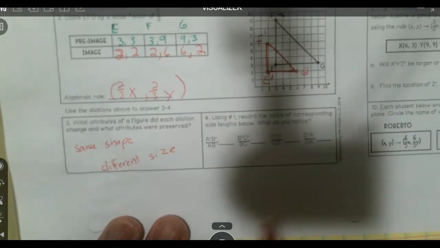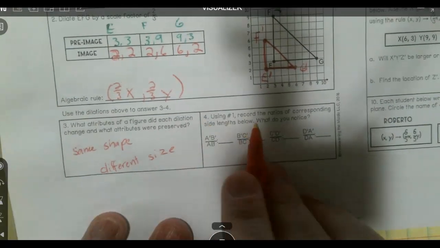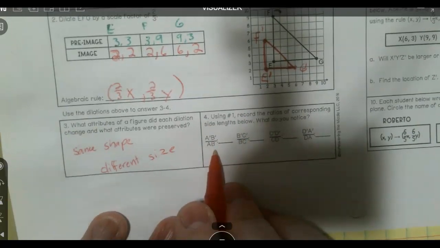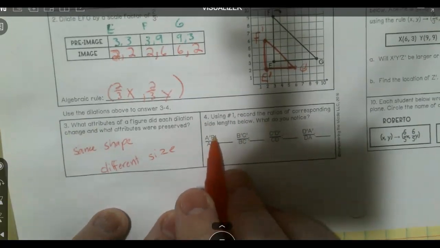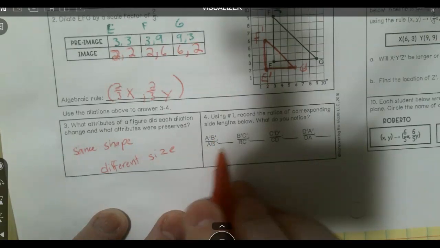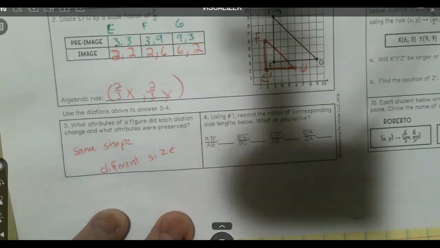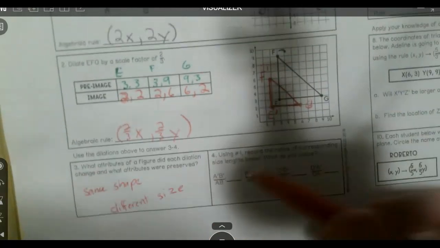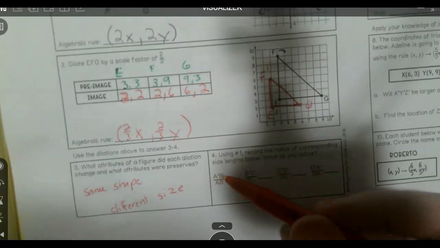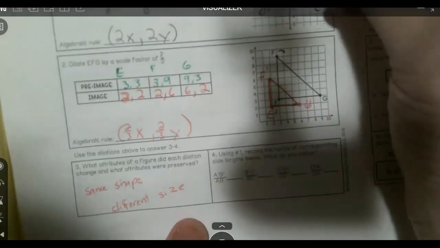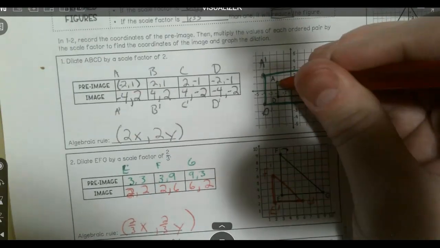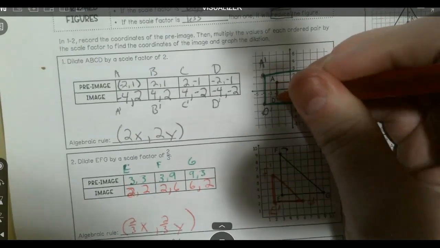So, we are going to record the ratios right here. What do we notice about the ratios of A prime, B prime? Okay. So, let's see here. Side AB was 2 blocks.